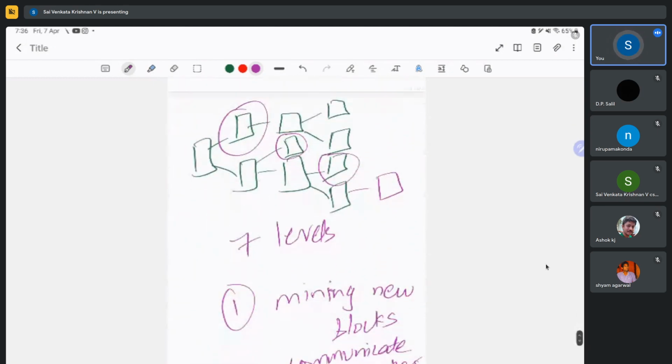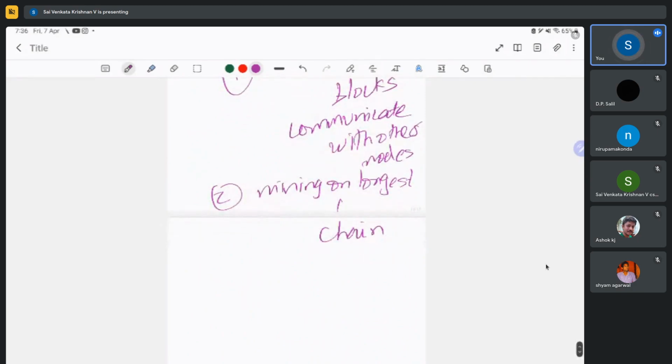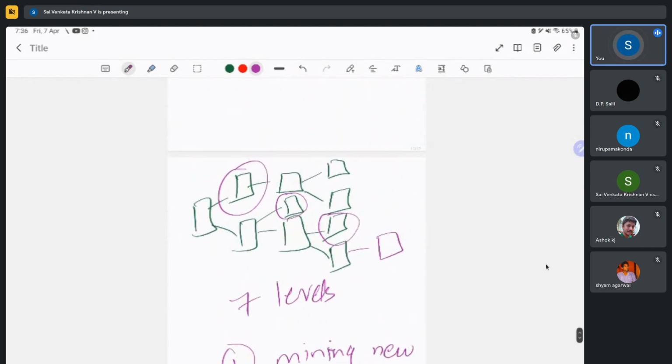So to avoid these things, mining in Ethereum has a limit of up to 7 levels, as in up to 7 levels of siblings only I should be adding. And by placing a limit on the number of levels to be considered for a sibling, right?